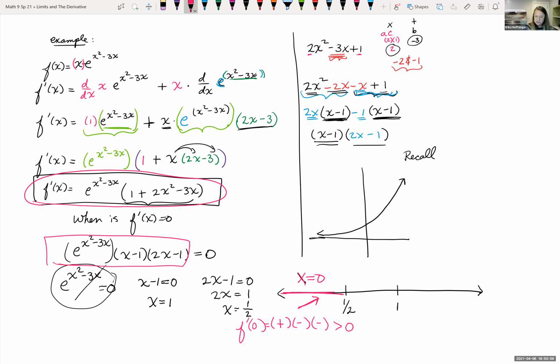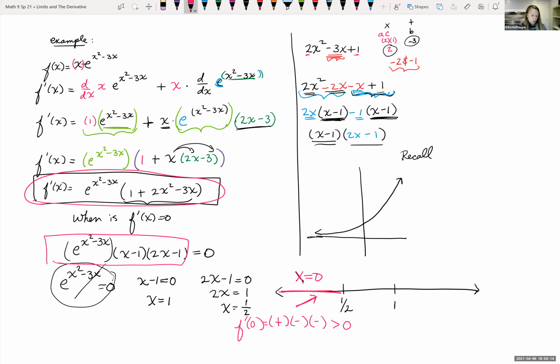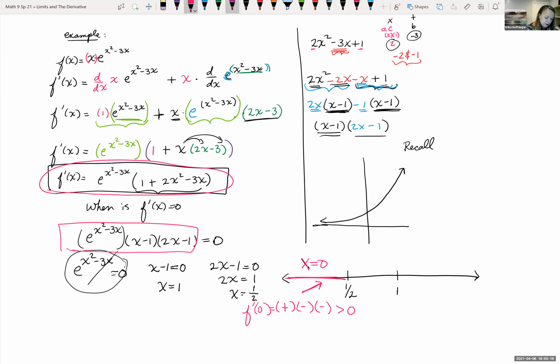Let's not look at the middle piece right now because that's a fraction, but let's look at x bigger than 1. Choosing a number bigger than 1, how about x equals 2? Plugging in 2, we get e raised to the 2 squared, that's 4, minus 6. It doesn't matter if I get a negative exponent in e, that's going to bring it down to the denominator, but it's still going to remain positive.